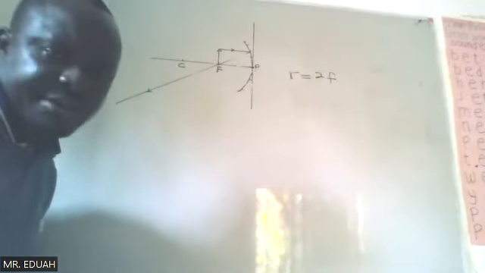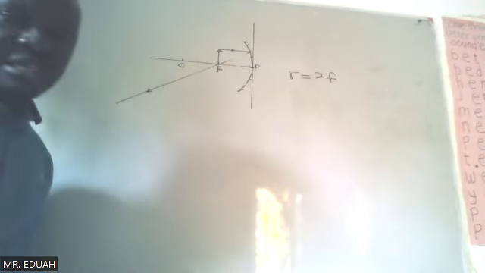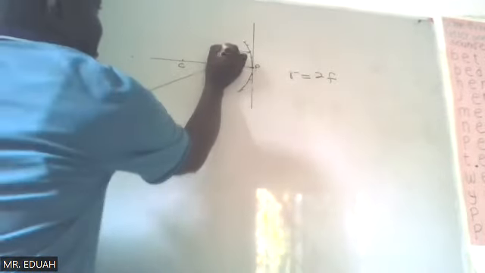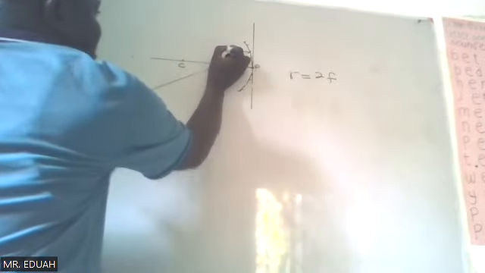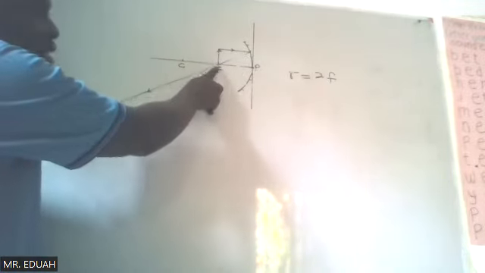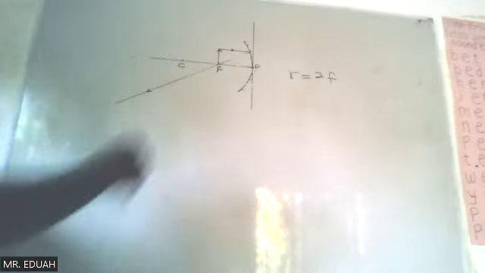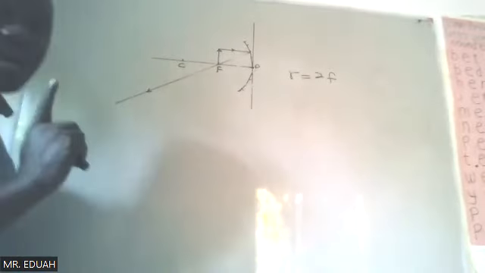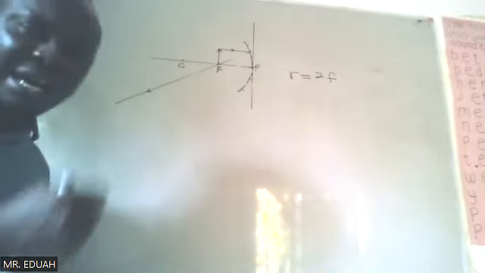Over here, there is a limitation. The limitation is that you cannot use the rule which says that a ray of light passing through the principal focus, after reflection must be parallel to the principal axis, in the sense that we are always drawing the ray coming from the head.